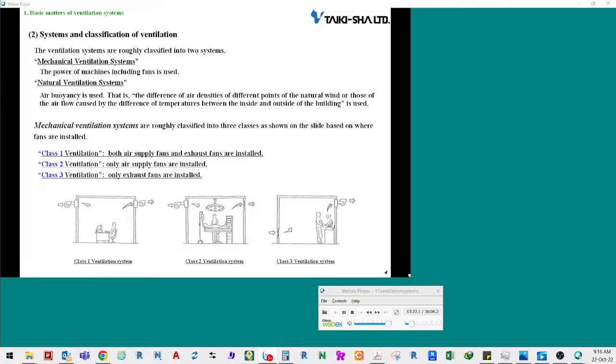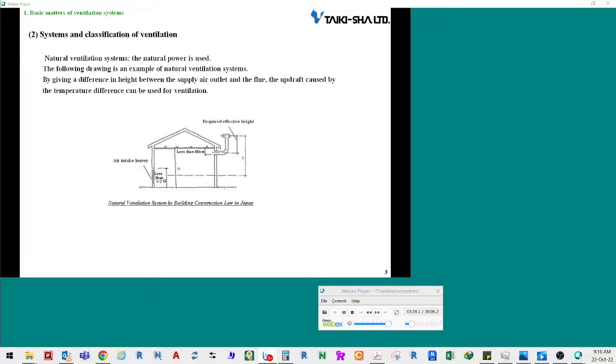For Class 3 ventilation systems, only exhaust fans are installed. As an example of one of the natural ventilation systems, a system using the updraft caused by a difference in temperature is shown on this slide.